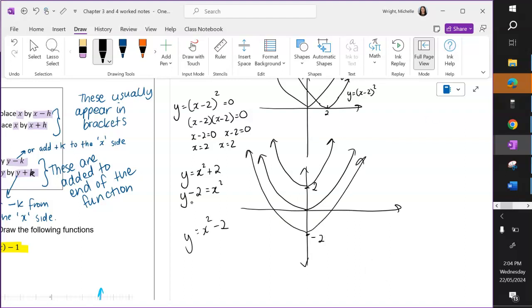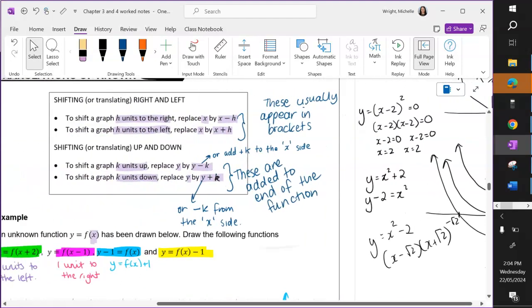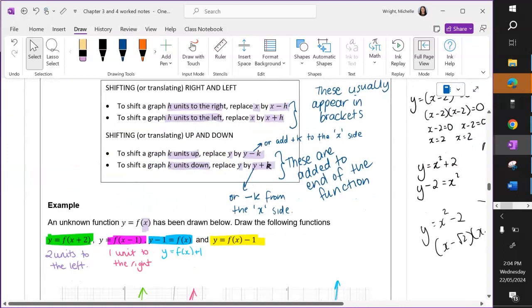In which case, we could actually find where it cuts the x-axis as well, because that's a difference of 2 squares. So it would cut at minus root 2 and positive root 2. So that's information that we've learnt before. So we can apply that information to any function.